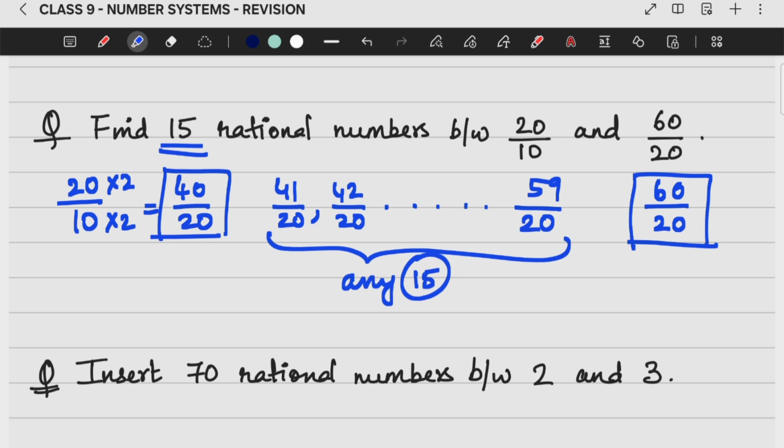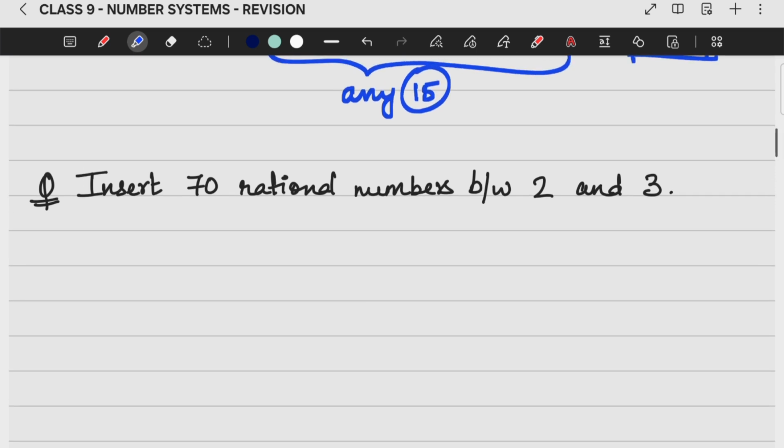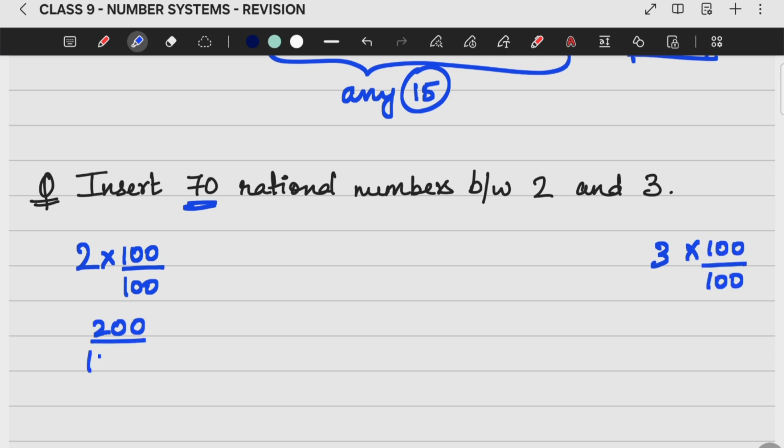Clear? Now the next question. Find 70 rational numbers between 2 and 3. Now, earlier we were just seeing smaller numbers. Now, the given numbers are 2 and 3. You need 70. So, let us multiply numerator and denominator by 100. You will get 200 by 100.